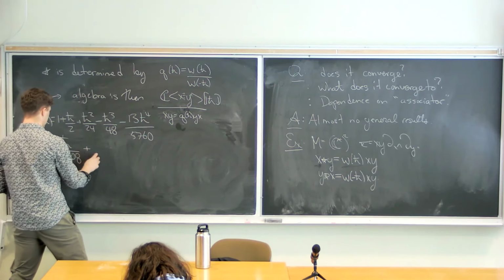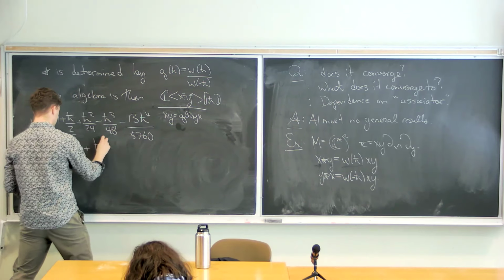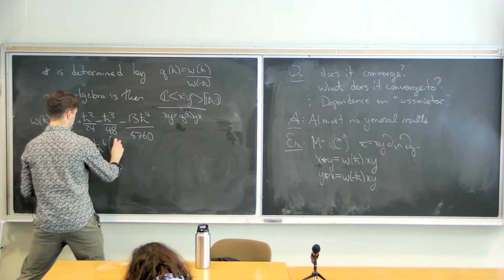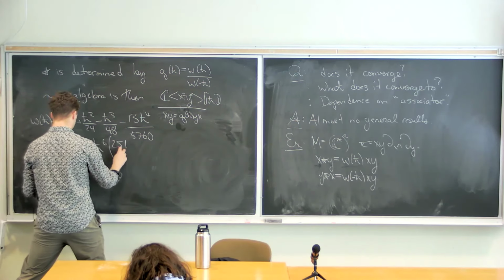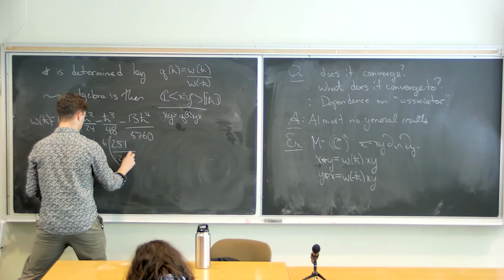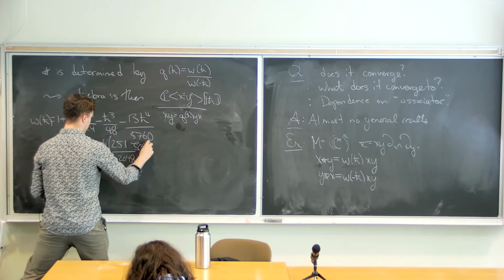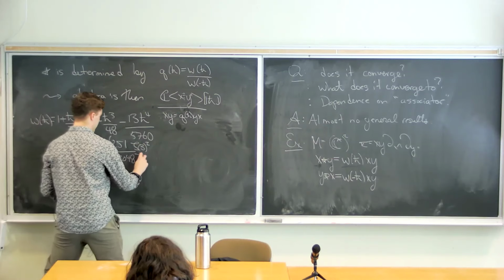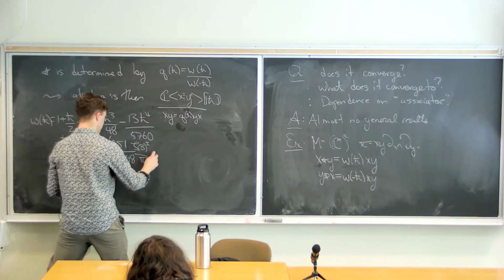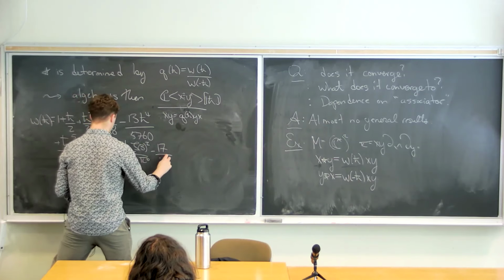Okay, and then you'll get to order 6. Working by hand, you'll find that the next term is 251 over 2048, zeta of 3 squared over pi to the 6, minus some other rational number.